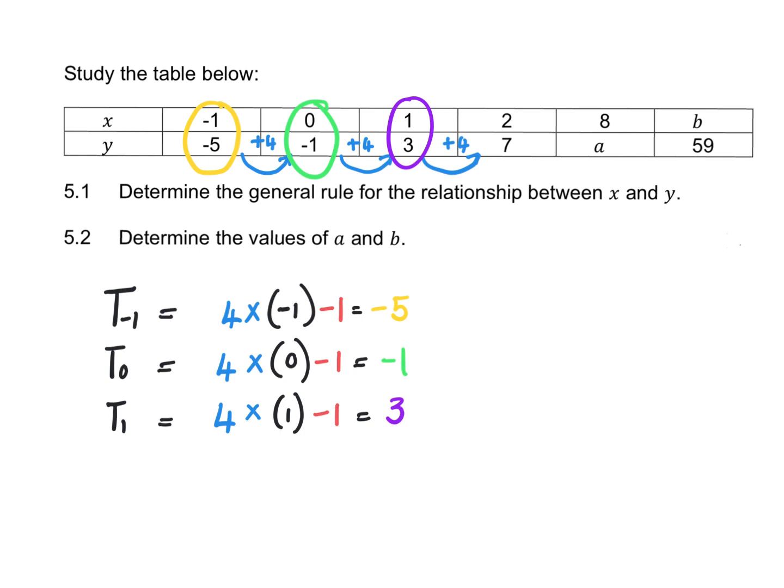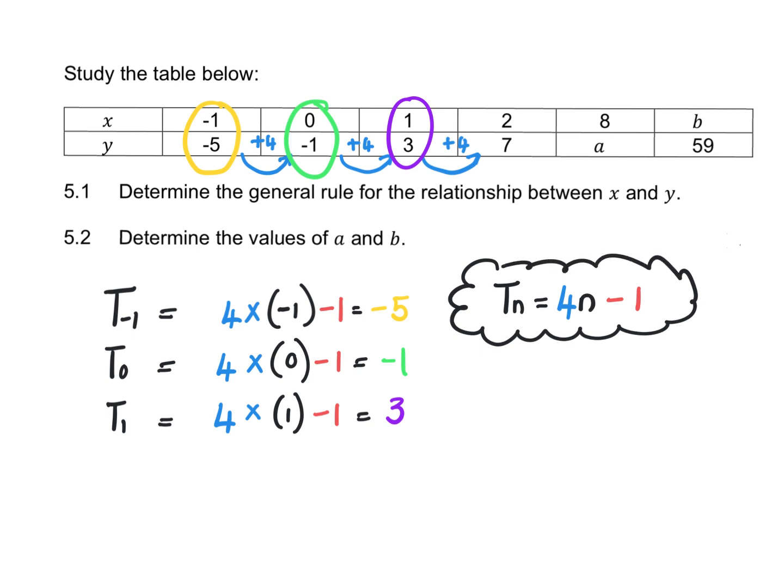I minus 1. Looking at this, it seems like I can write a pattern. Every time I multiply by 4 and I minus 1. So that's going to be 4 times n, or 4n, minus 1.